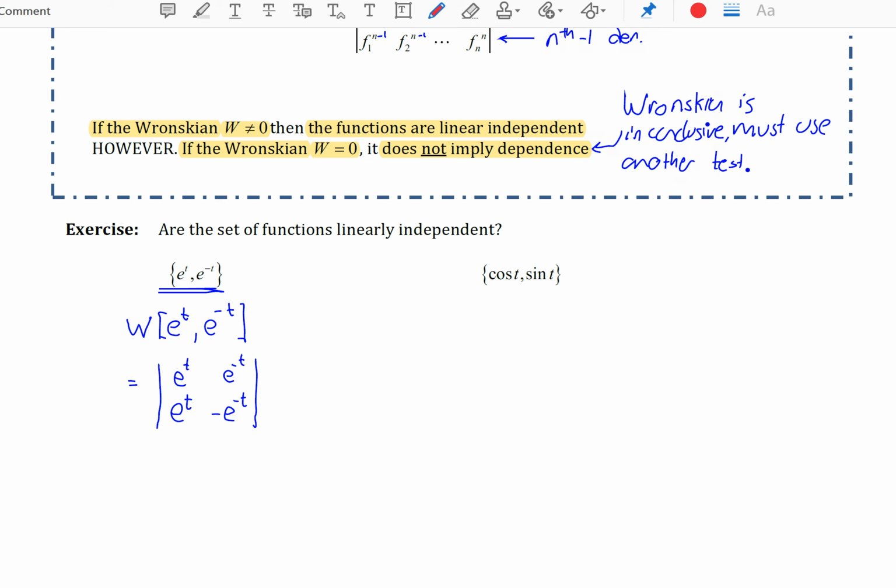Now we look at the determinant, the product of the main diagonal minus the product of the off diagonal. Here our main diagonal would be e to the t times negative e to the negative t, minus the product of our off diagonal, which is e to the t times e to the negative t.